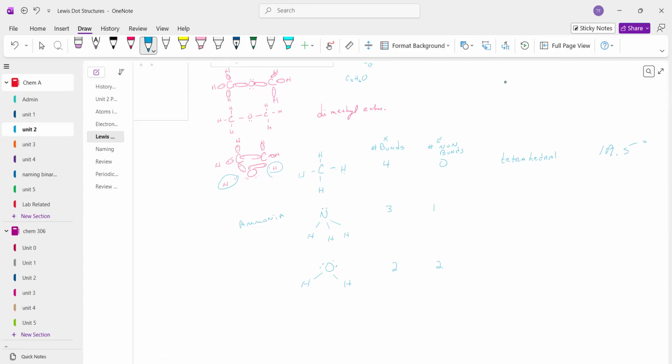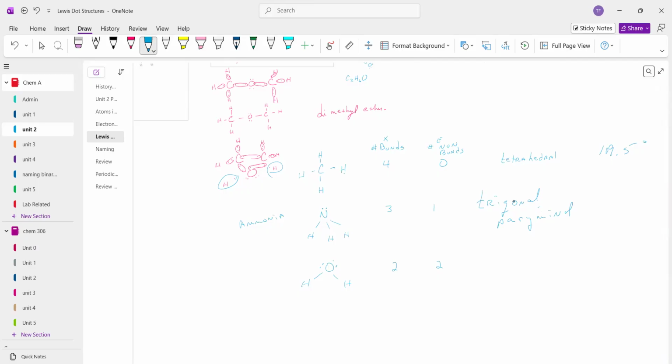When we have 3 bonds going into the middle atom, in this case nitrogen, it is called trigonal pyramidal.